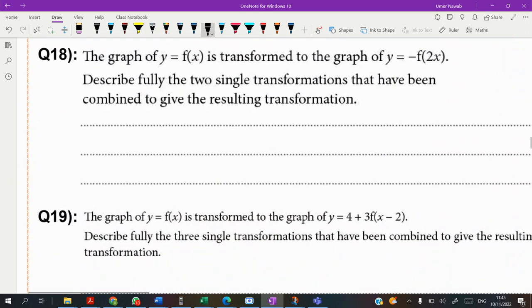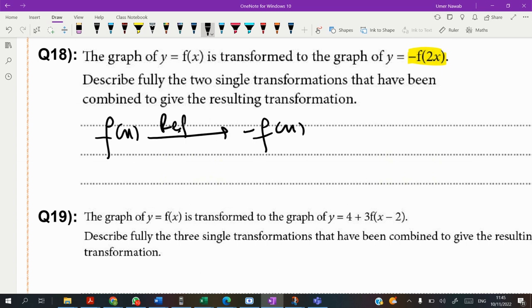In this question, he said minus. He is doing two transformations. First, I need to do minus f. I'm moving from f of x to minus f of x, so I do a reflection about the x-axis.